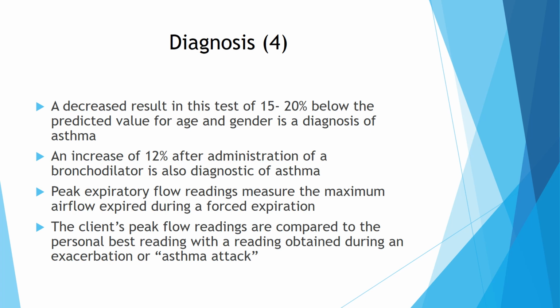Or after this test and we get that reading, the doctor or the technician may administer a bronchodilator, and then we will repeat the test, and then an increase of 12% after administration of this bronchodilator will also buy them the diagnosis of asthma. So peak expiratory flow readings will measure the maximum airflow expired during a forced expiration.